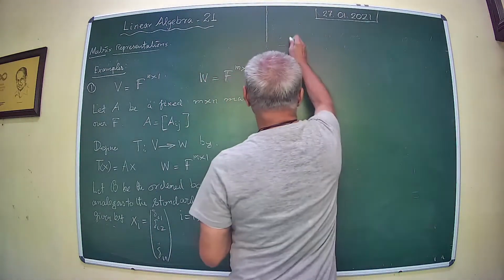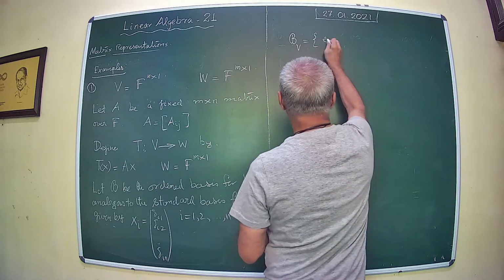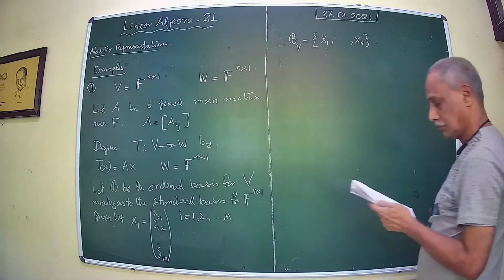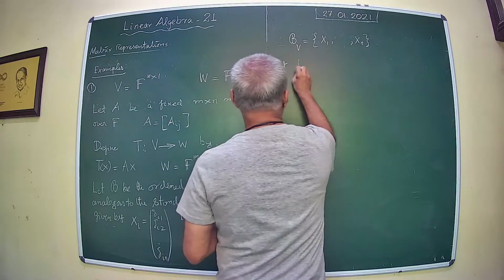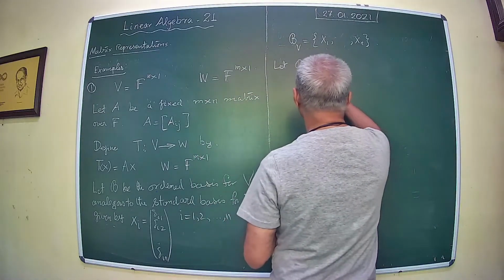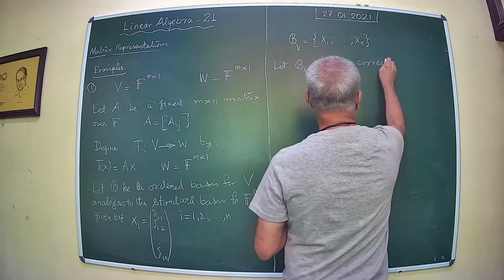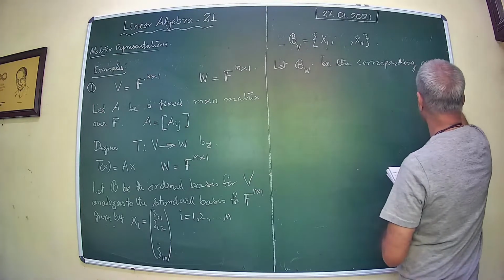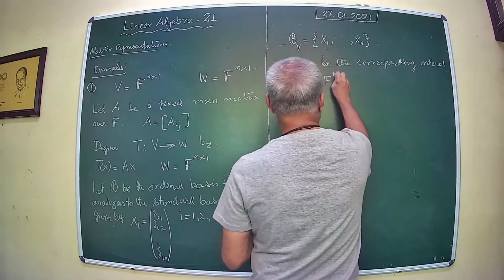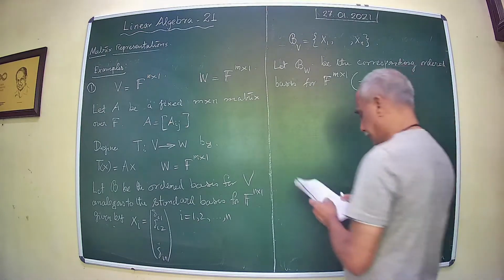So what you have then, the ordered basis B is given by x_i. Let the corresponding ordered basis, which is equal to delta, be y_j.